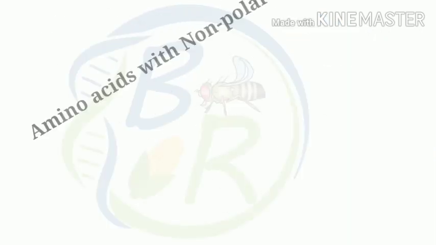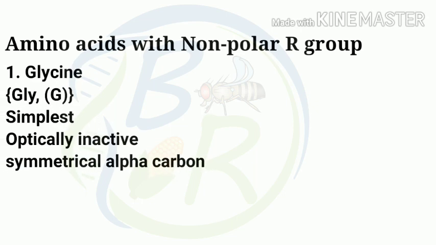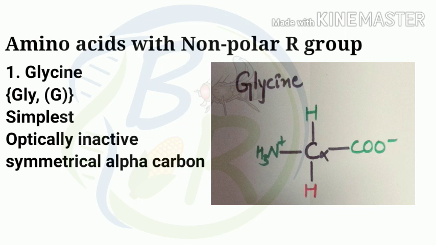As we have discussed the classification of the amino acids, let's look at the structure and functional role of each amino acid in every category. Firstly, we are going to discuss the non-polar amino acids, which include glycine. Glycine is the simplest amino acid, and in brackets there are the 3-letter and 1-letter codes for it.